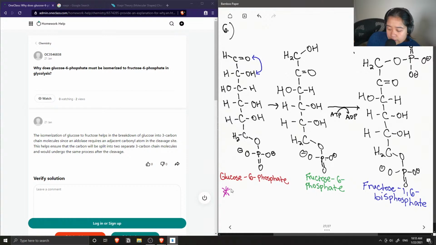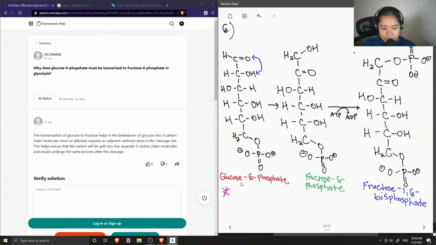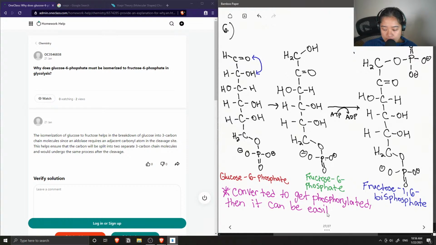Okay, so the reason why we want glucose 6-phosphate to be isomerized to fructose 6-phosphate is so that it can get phosphorylated, and then the step after that, it can be easily split via a reverse aldol condensation.